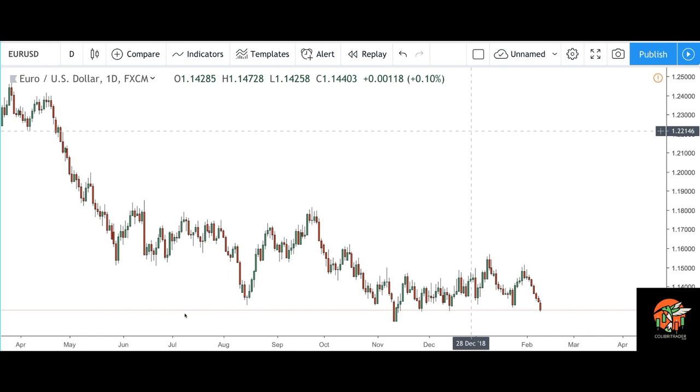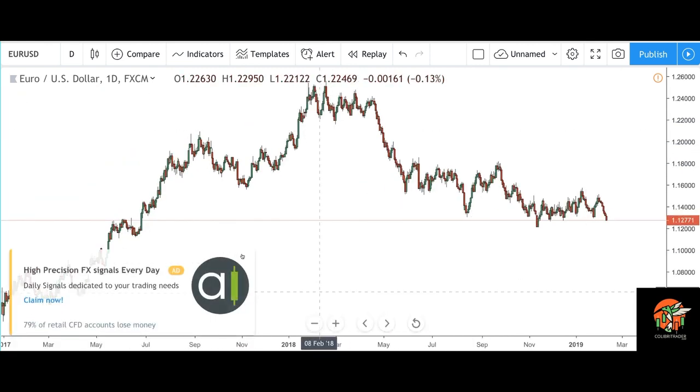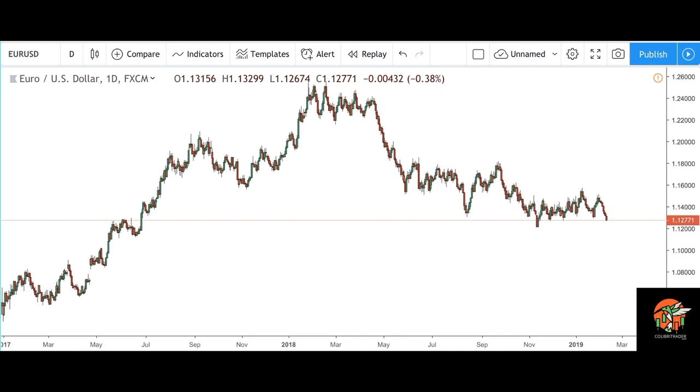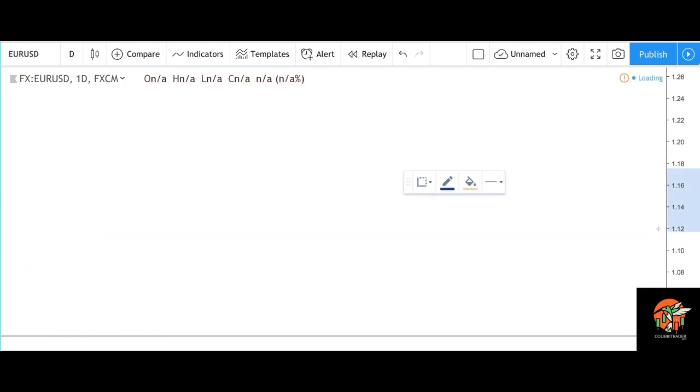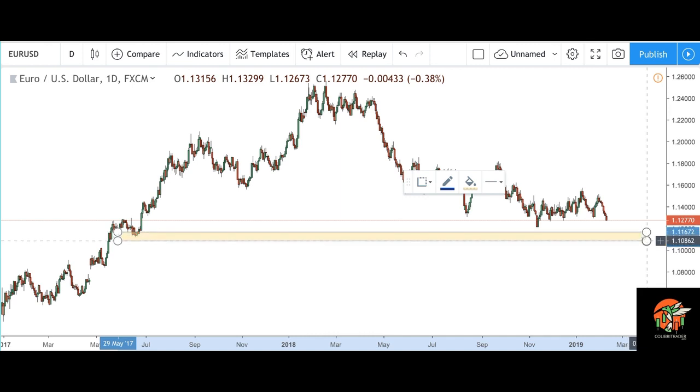So the next example I wanted to give you is coming from the euro dollar, one of the major and most favorite trading pairs of all traders. What I'm looking for at the moment is another demand zone here, and let me just draw it out for you guys.